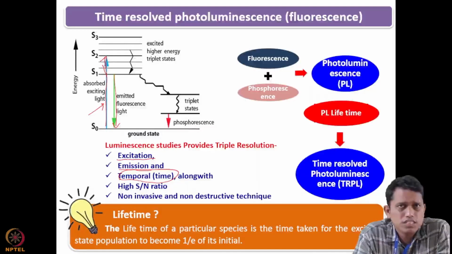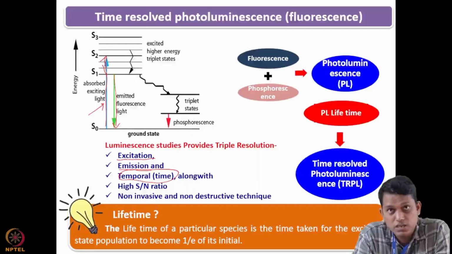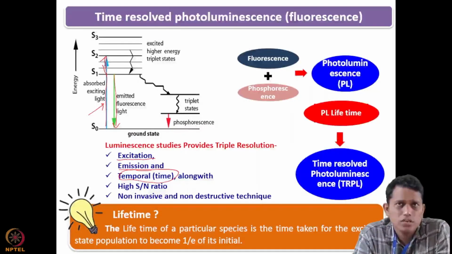So these techniques give you triple resolution: information from the excitation, from the emission spectra, and added information from the lifetime. This generally has a very high signal to noise ratio, and many times it is a non-invasive and non-destructive technique. What we can do and how we do it, we'll see in the next slide.